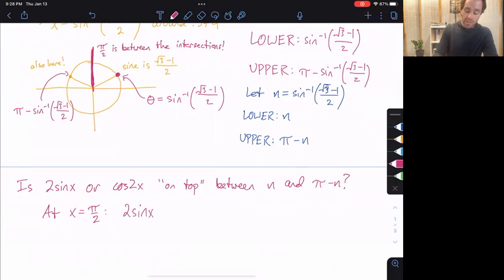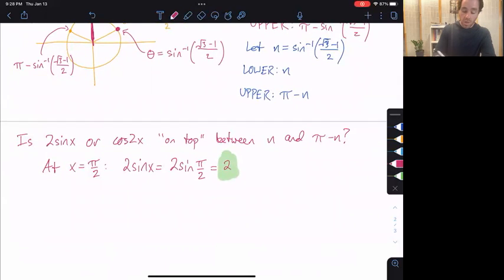2 sine of x equals 2 times sine of pi over 2. Sine of pi over 2 is where y is 1, so this becomes 2 times 1, or just 2. So bam, that's what 2 sine of x is equal to. And cosine of 2x is cosine of 2 times pi over 2. That's cosine of pi.